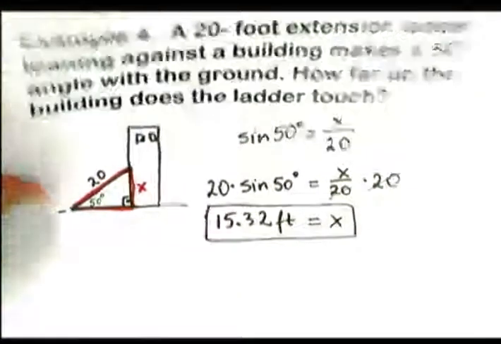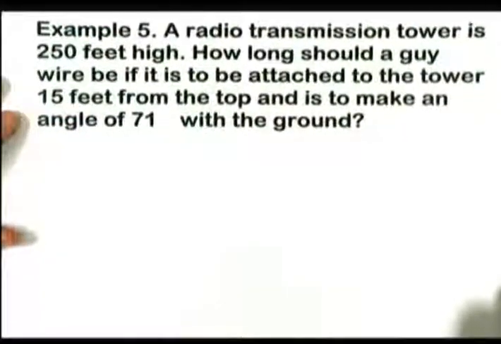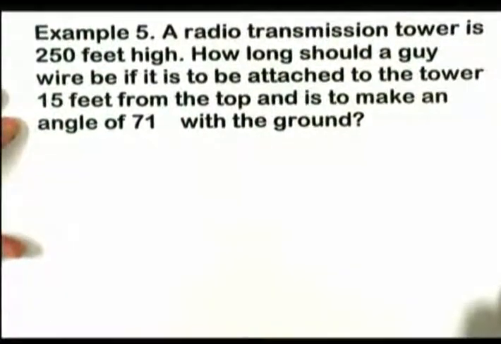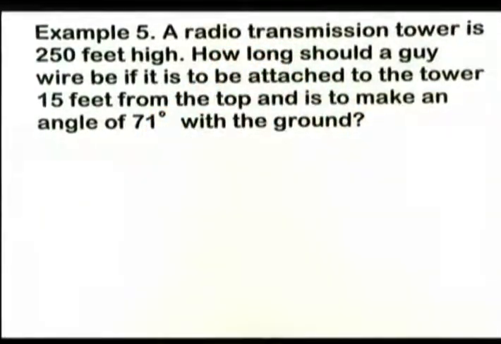One more example, example 5. A radio transmission tower is 250 feet high. How long should a guy wire be if it is to be attached to the tower 15 feet from the ground and is to make an angle of 71 degrees with the ground?